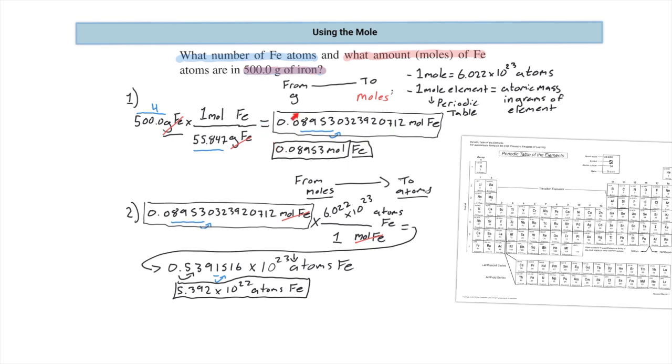Now we wouldn't have seen this answer because we would have done it all in one step. And since the problem asked for both answers, that is why we divided it into 2 steps. So you can do a gram straight to atoms problem, and you can go the other way around too. The problem may give you atoms and want you to solve for grams. So let's go and practice some other types of problems we might see.